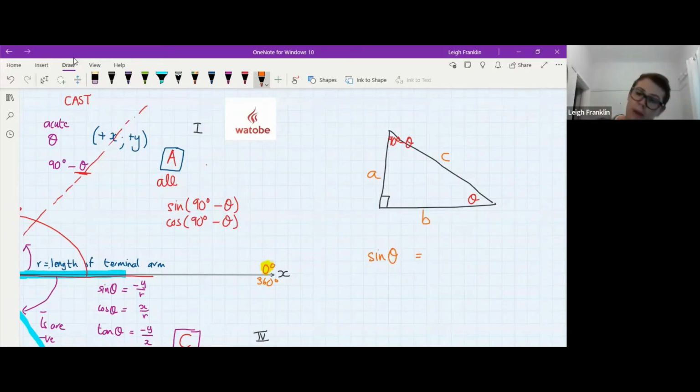Remember, we can only talk about sine in relation to a specific angle. So here we're talking about this specific angle. Remember, the sine of the angle means the opposite side over the hypotenuse. So in this case, sine theta would be equal to what over what? B over C. Did you say B over C?